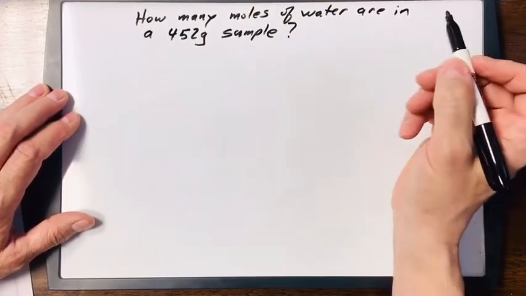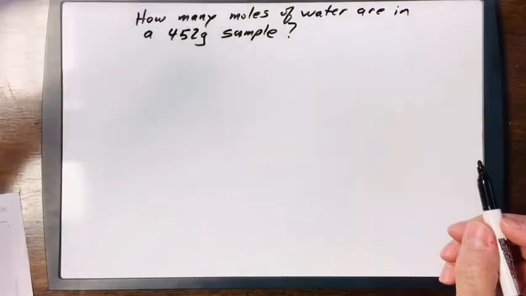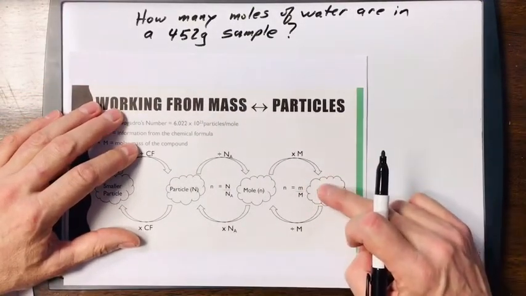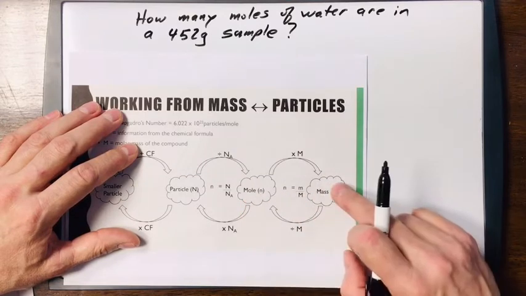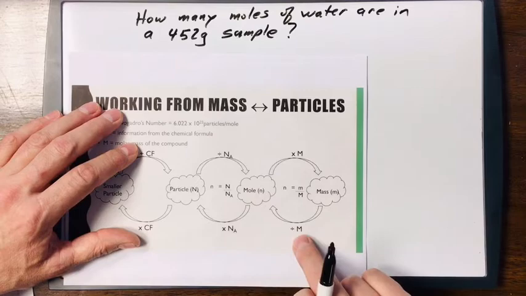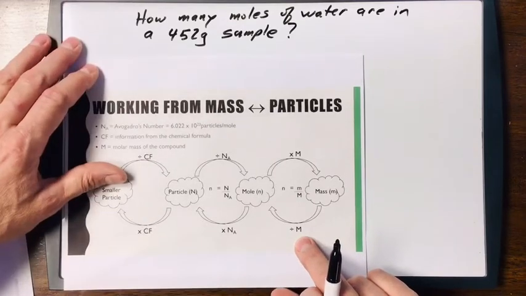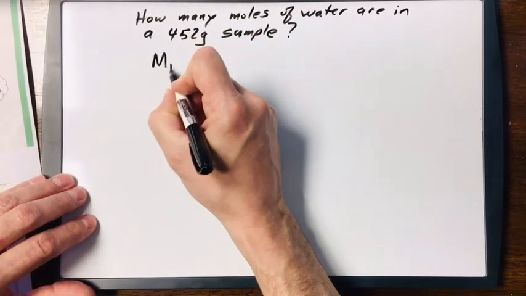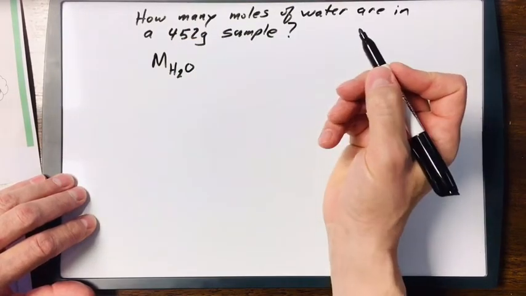So I want to go from mass, which is my given value, to moles, and I need to convert through this bottom pathway here. So we need the molar mass of our compound. In this case, the molar mass of our compound is water. So we need the molar mass of H2O.